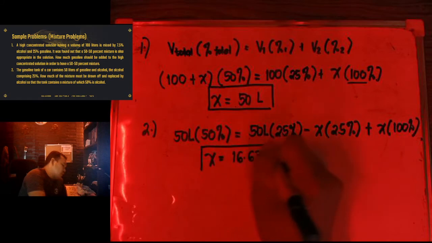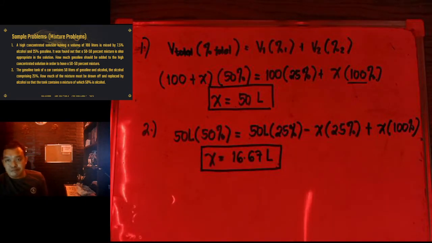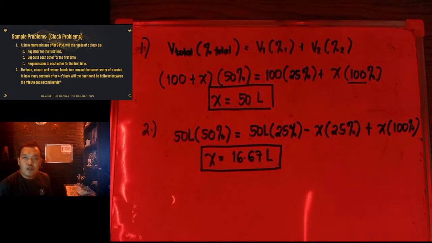So we need to add 16.67 liters of alcohol para maging 50% alcohol content yung gasoline natin. Okay? Next problem. Okay, so this will be the last problem siguro, clock problem.